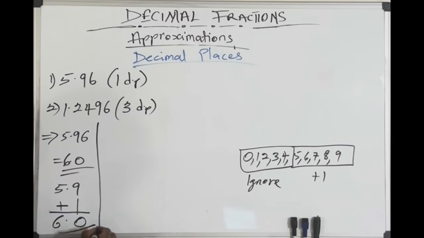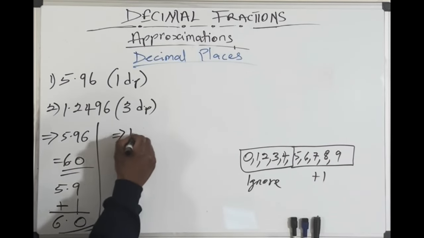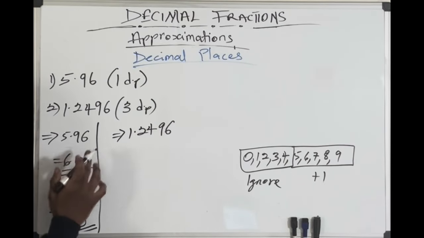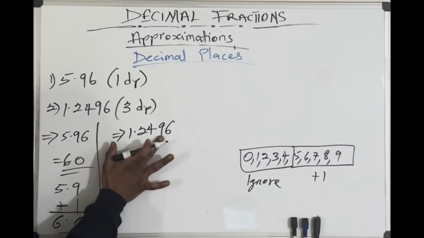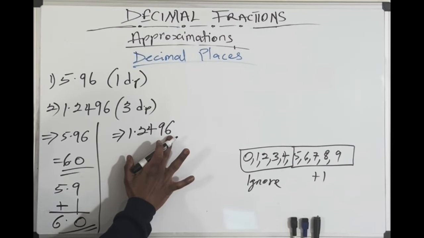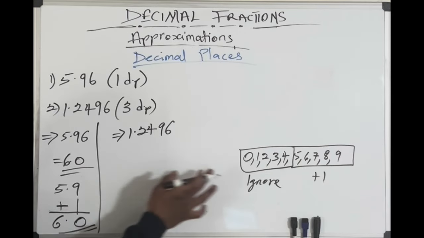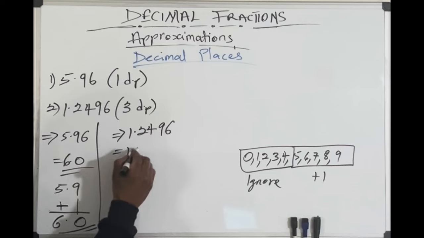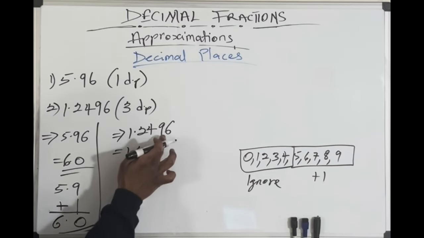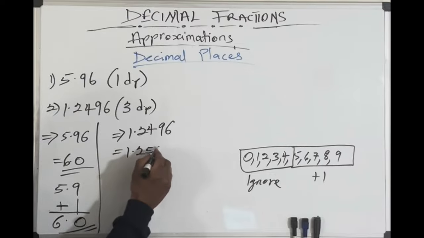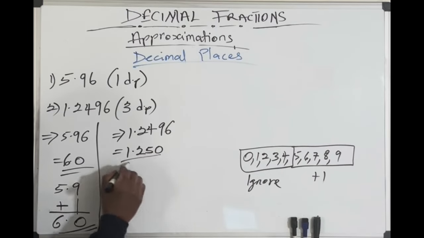Question 2, 1.2496 to 3 decimal places, so 1, 2, 3. So 9. The next number is 6, so plus 1. So 9 plus 1 is 10. So 0, carry 1 to the 4, which becomes 5. So 1.250.